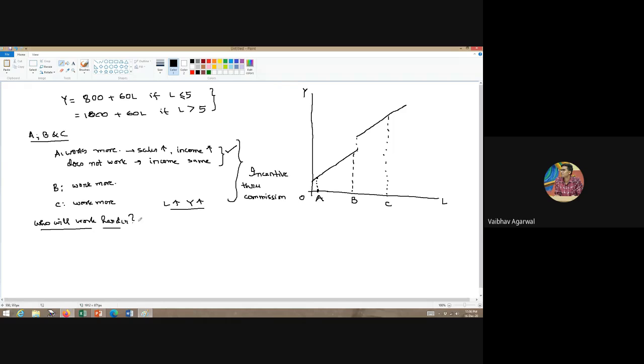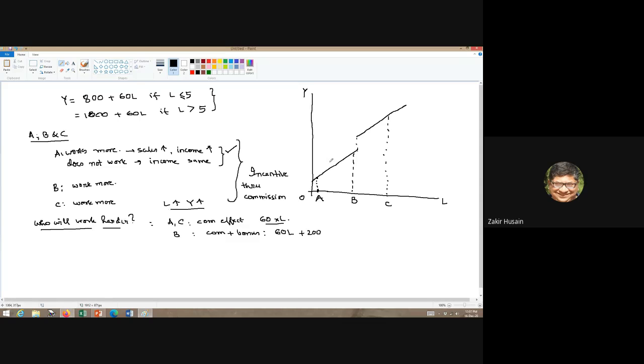Sir, B will work harder because he has the greatest incentive. What is the incentive to A and C? The commission effect, which is simply 60 into L. In case of B, it is bonus plus commission, 60L plus 200.